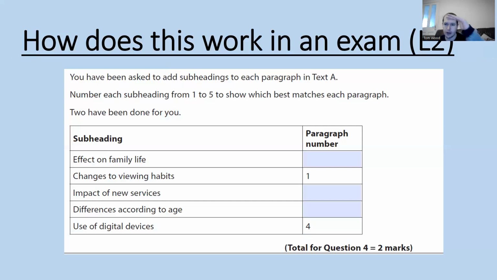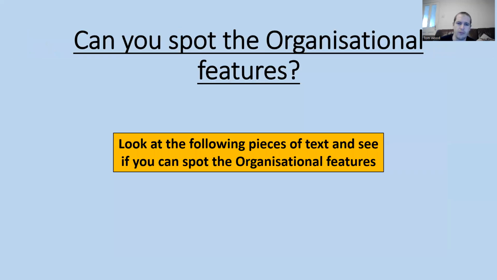If I read the second paragraph, and it's talking about the differences that occur according to age, then I'm going to go, okay, that's number 2. For getting one of these right, you will get 1 mark. For getting all of them right, you will get 2 marks. Nice and straightforward, a really nice question.